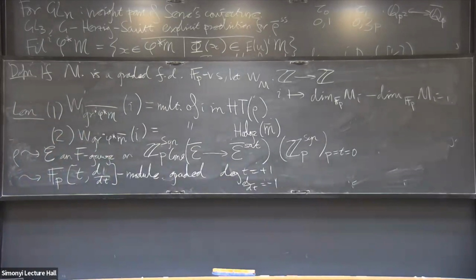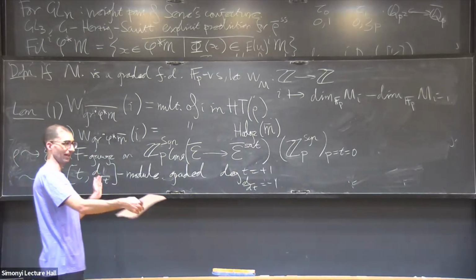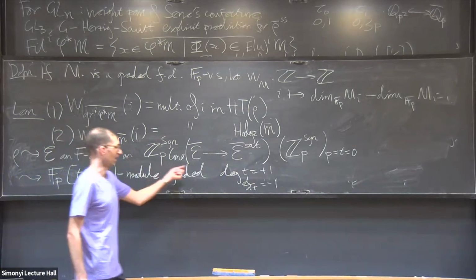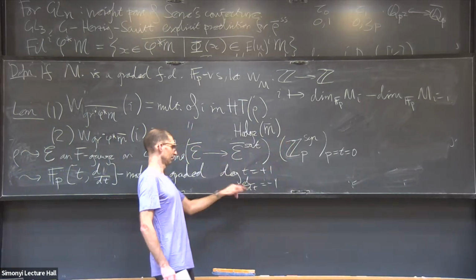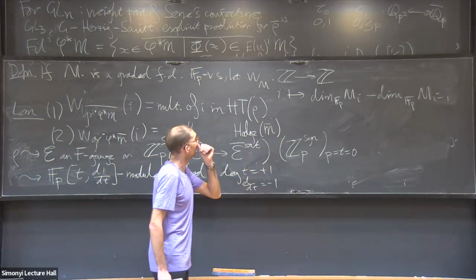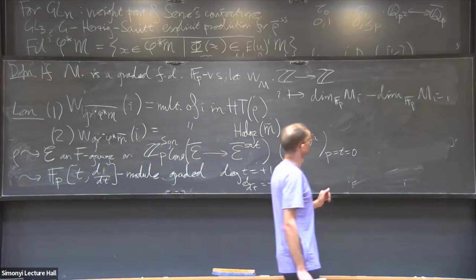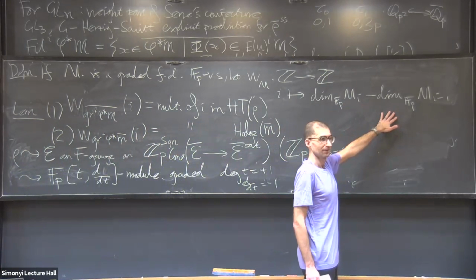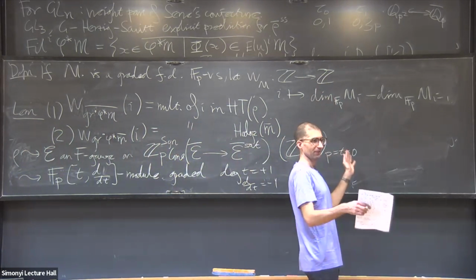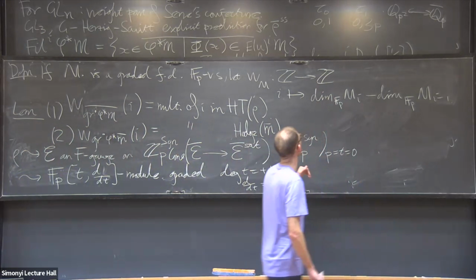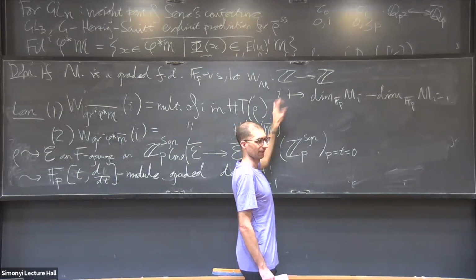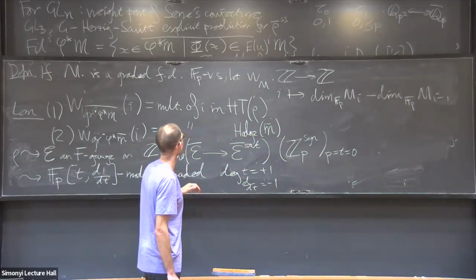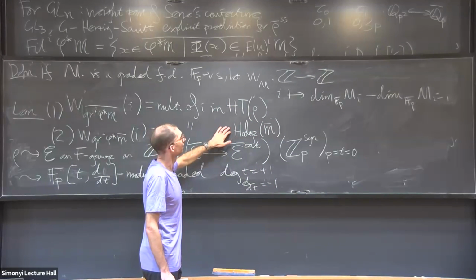And now it's an elementary exercise to check that the irreducible modules for this are just of length p, given by some generator where T puts you up a degree and d by dt takes you down. And for such a module, it doesn't change these functions modulo p. The function where you add up the values in the residue class mod p doesn't change. So those two quantities are the same for both of these.